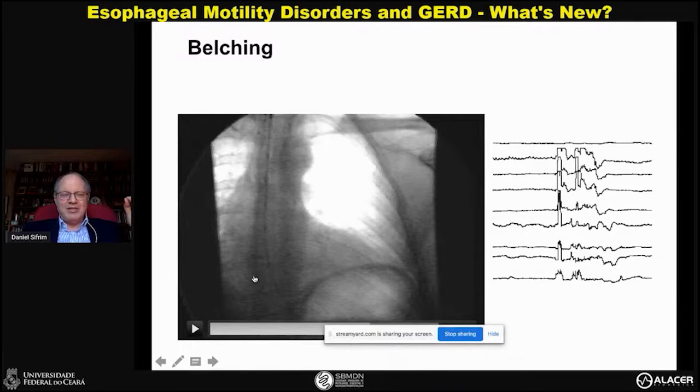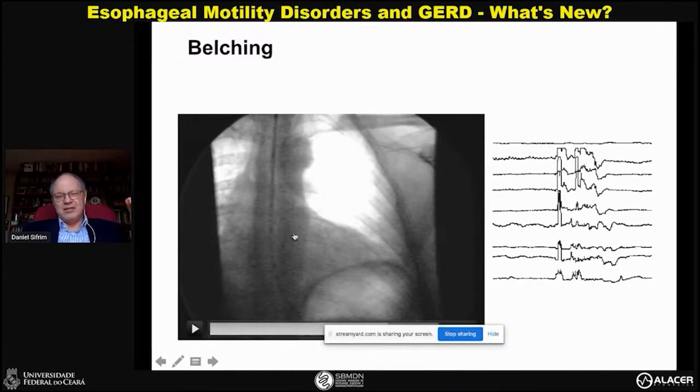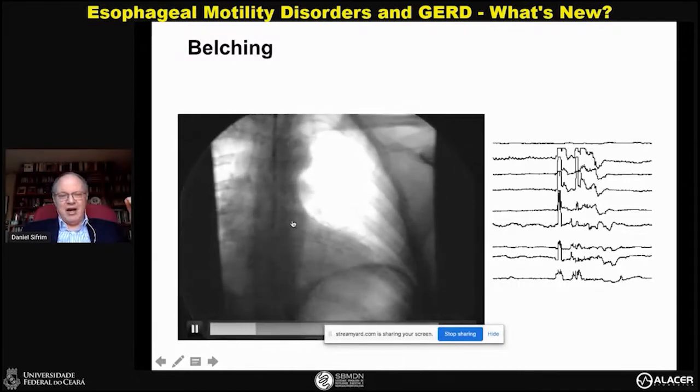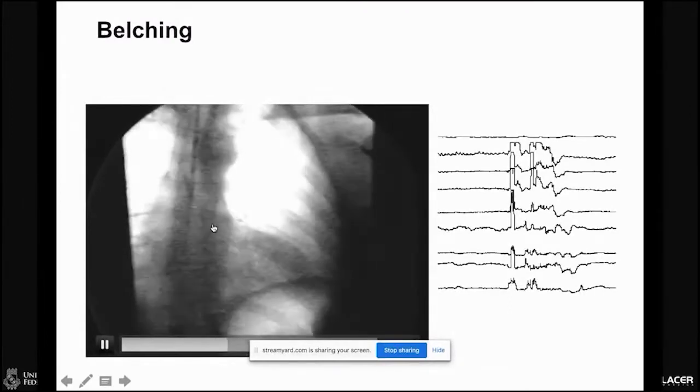That white is air, even more white. This is air surrounding the catheter. And now there is a swallow or a movement that is emptying the air. All right, so let's see it again. I will stop it when I see the belch.